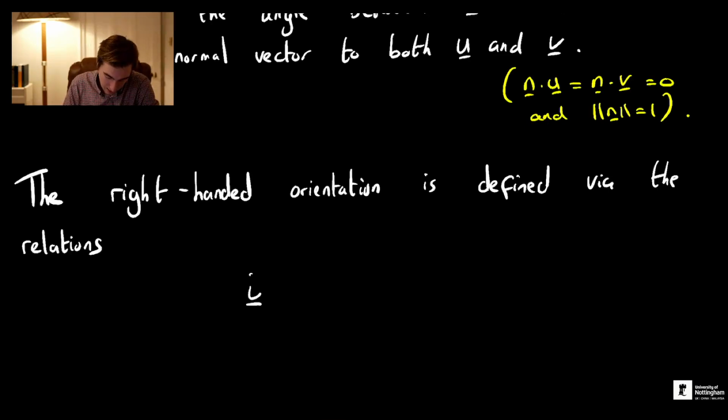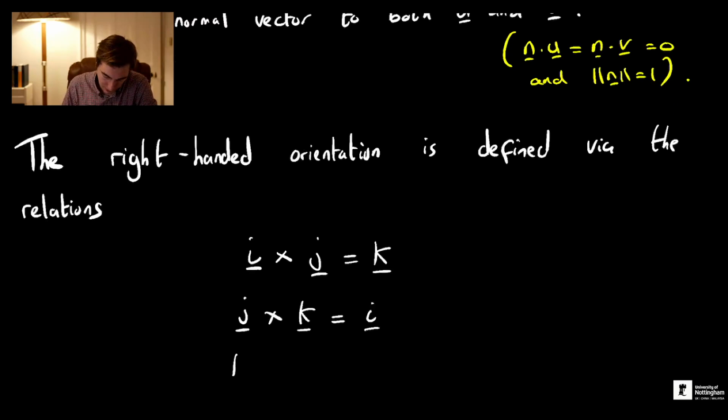We take i, and when we cross it with j, that results in the vector k. In other words, that's this one that we've got here, right? This is i, j, and k is pointing upwards. The other one is j cross k is equal to i. And the last one we need to consider is k cross i is equal to j.